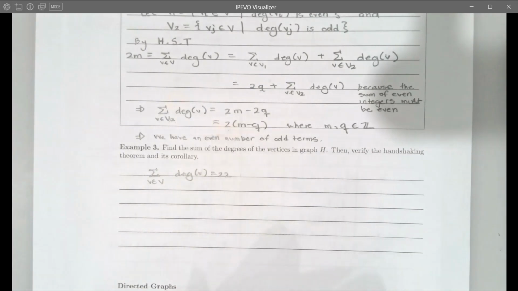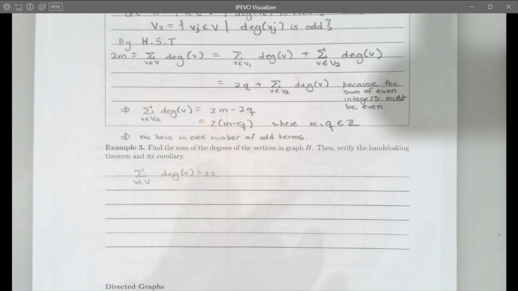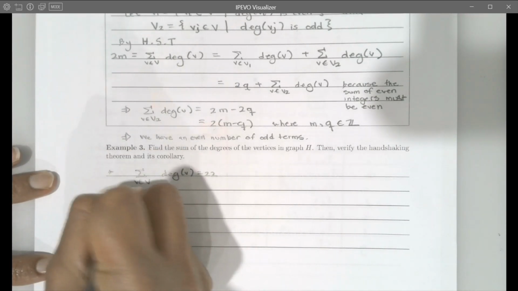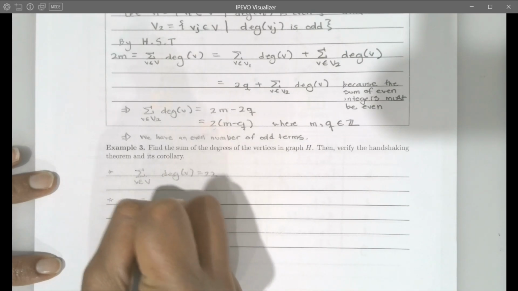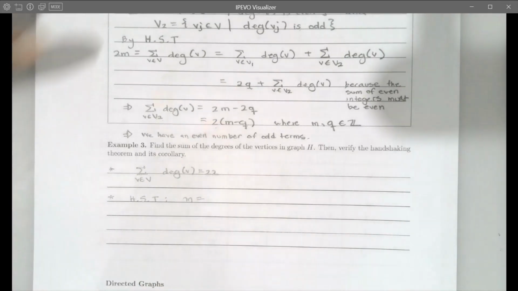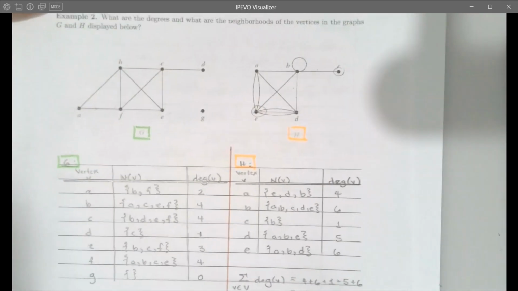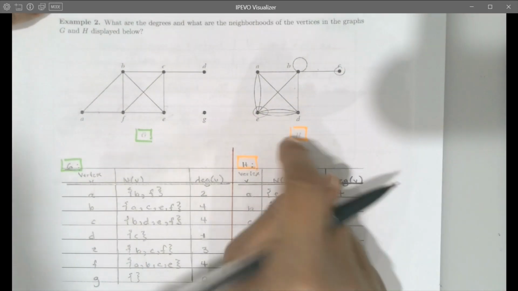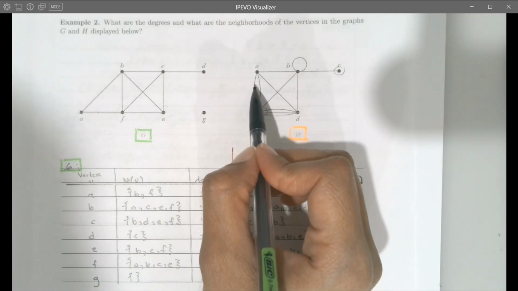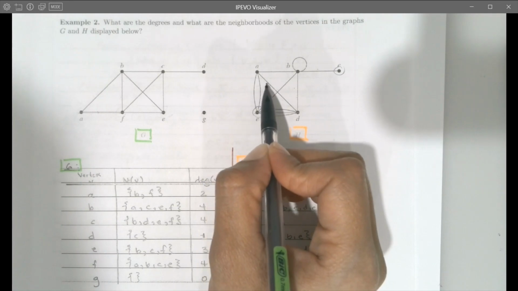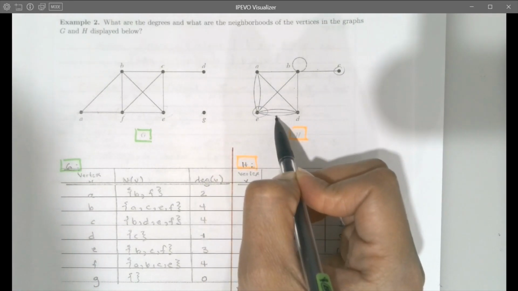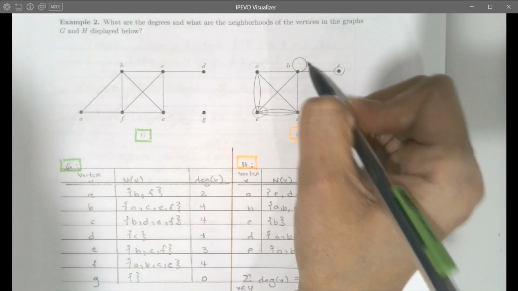We want to verify the handshaking theorem and its corollary. So let's start with the handshaking theorem. The handshaking theorem takes into account the number of edges. So we'll go back to page number 3 and count the number of edges on graph H. Starting with the ones that are incident to A, we have 1, 2, 3, 4, then 5, 6, 7, 8, 9, 10, and 11.